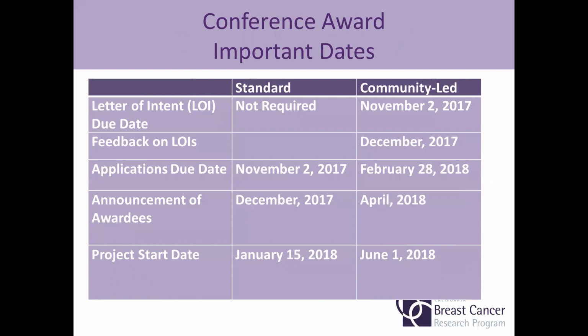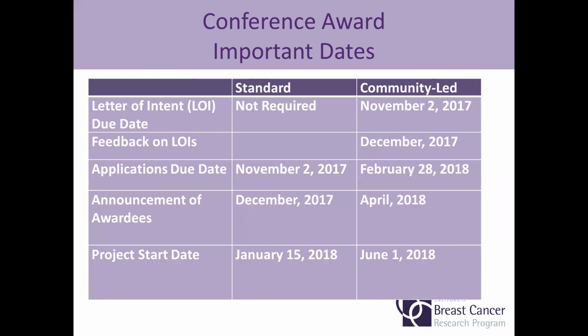So there's going to be two timelines for applications. The standard award has a slightly different timeline than the community-led conference award. For the standard award, the applications will be due November 2nd, and they will be reviewed, and the funding decisions will be made in December 2017.